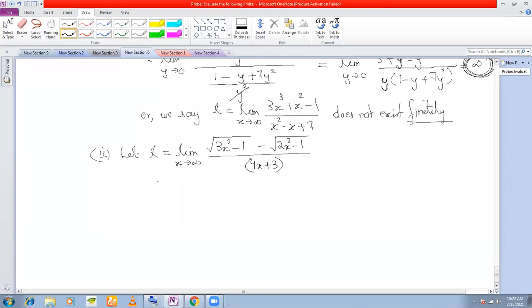So again, you have x tends to infinity. So again, you put y is equal to 1 by x. So as x tends to infinity, y tends to 0. So therefore, what is the value of L? You have 3 times, because if y is equal to 1 by x, then x must be equal to 1 by y.